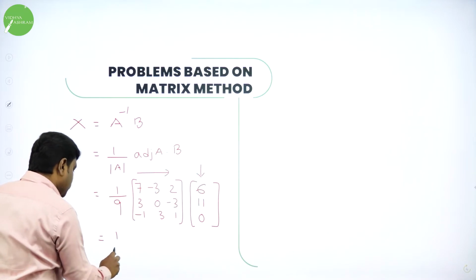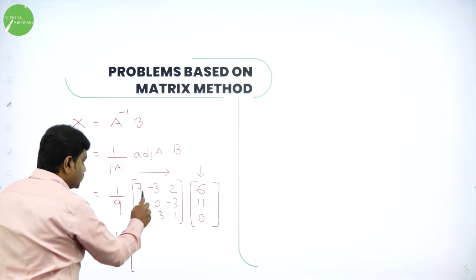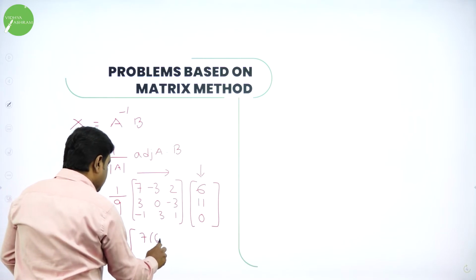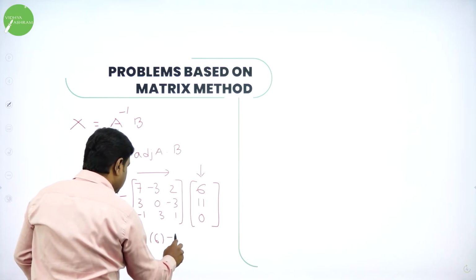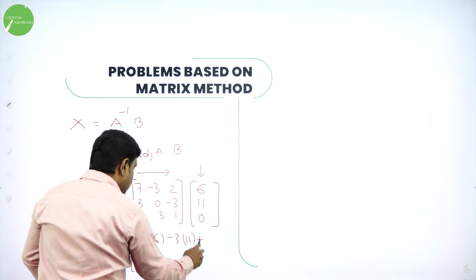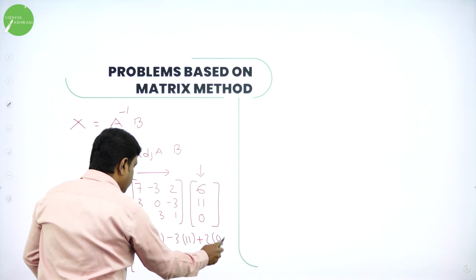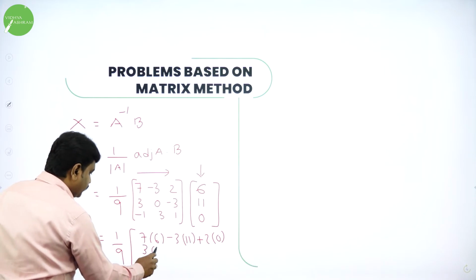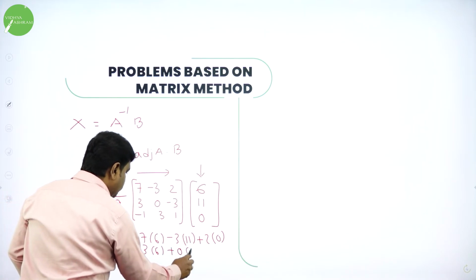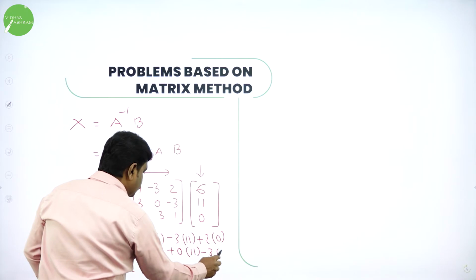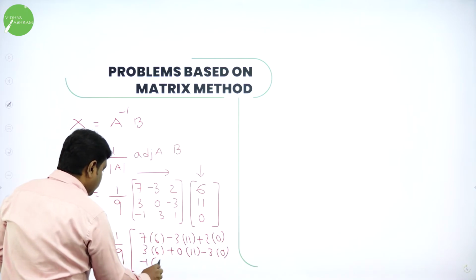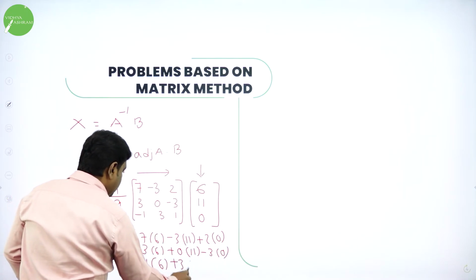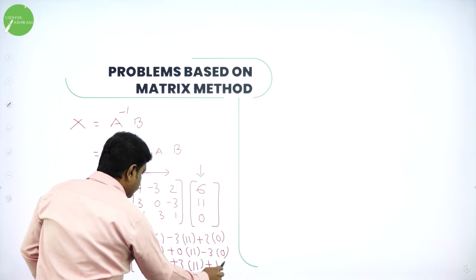All of you know matrix multiplication. 1 by 9 into 7 into 6 minus 3 into 11 plus 2 into 0, then next 3 into 6 plus 0 into 11 minus 3 into 0, then minus 1 into 6 plus 3 into 11 plus 1 into 0.